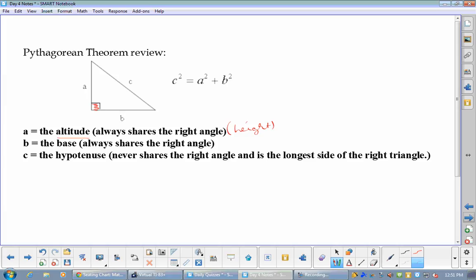And the base, that students know that is the base, right? But you can mix up a and b. It's not going to hurt you, okay? The thing is, you must always have c as the hypotenuse. And the hypotenuse does not touch the right angle, so it never shares the right angle, and it's always the longest side of the triangle.